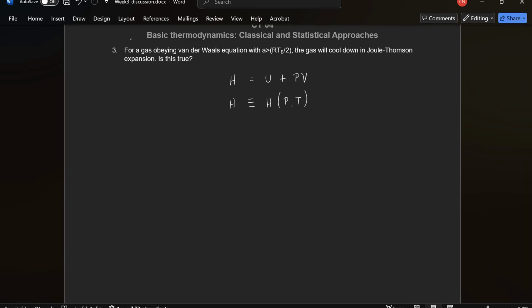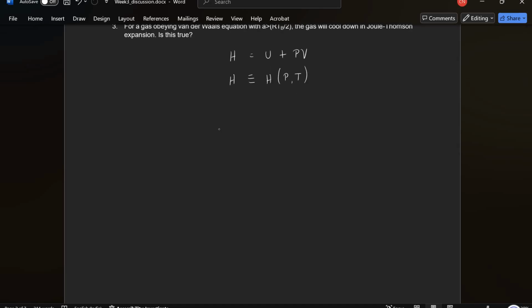So I'll go back to this. Okay, H is a natural variable of P and T. So now, therefore, we can write the total differential dH as del H by del T at constant pressure, dP, plus del H by del... Wait a minute, or rather we can write it a different way.